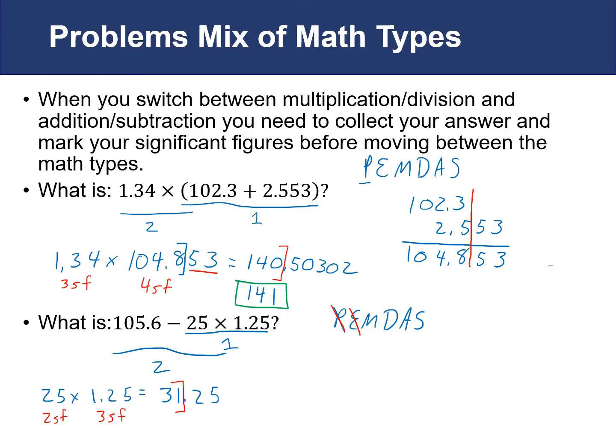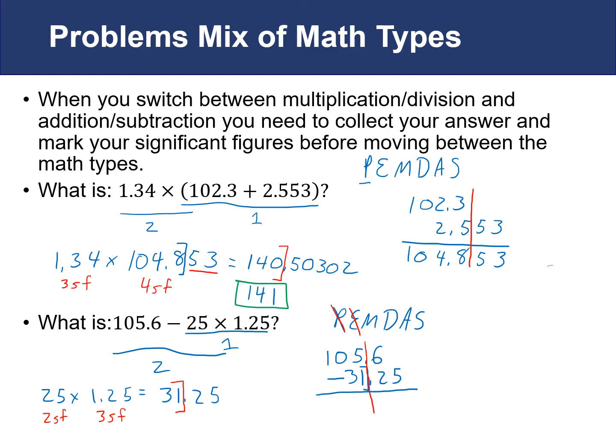Now doing our subtraction, we would take 105.6 minus 31.25 with a significant figure between the 1 and the 2. So drawing a vertical line to indicate where our significant figures are, it would be here. Right? So it would be after the 1's place.